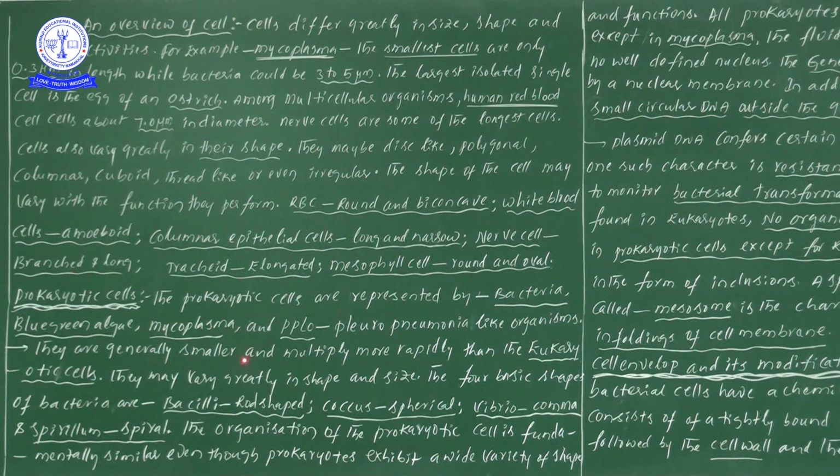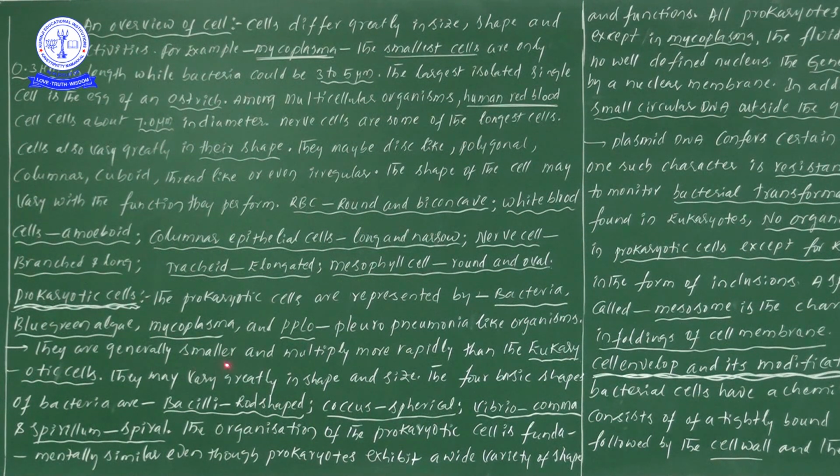They are generally smaller and multiply more rapidly than the eukaryotic cell. These are the examples of prokaryotic cells that you have to remember at any cost. Say along with me: bacteria, blue green algae, mycoplasma and PPLO.